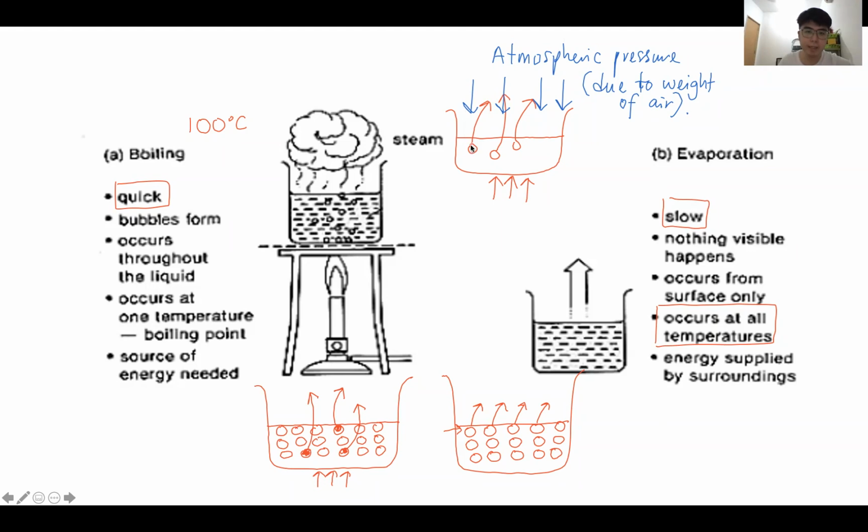So what the particles need to do to overcome this atmospheric pressure is they need to build an army, something like that. They need to build a pressure as well. Every particle that comes up from the surface is temporarily stuck at the surface of the liquid.